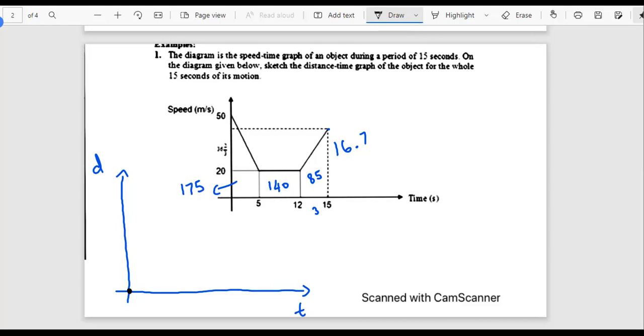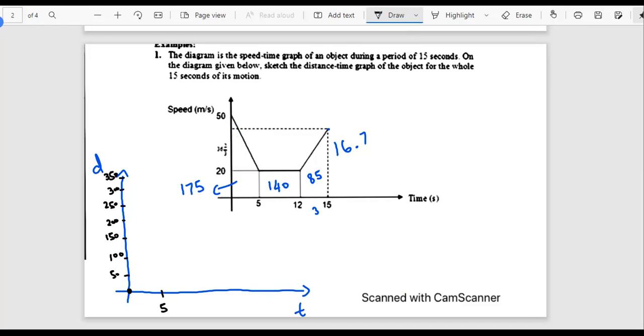Then at time equals 5, the distance traveled was 175. Let's say this is 50, 100, then 150, then 200, 250, 300, and then we have 350.